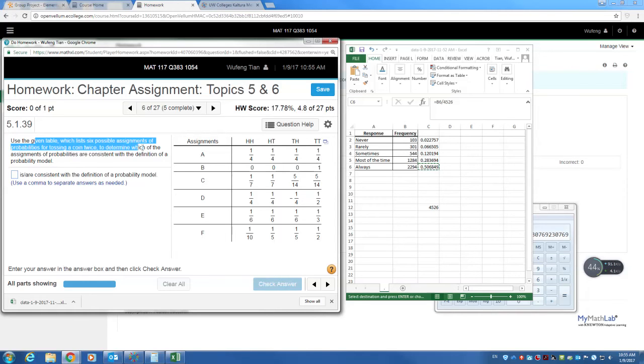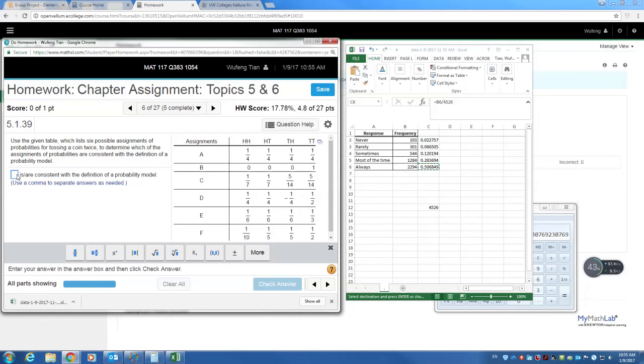Given the table, which possible assignments are consistent with the definition of a probability model? Choose all answers needed. So assignment A. Basically test which one gives you 1. So A is a probability model because you add all together is 1. B, that's right, you got 1.